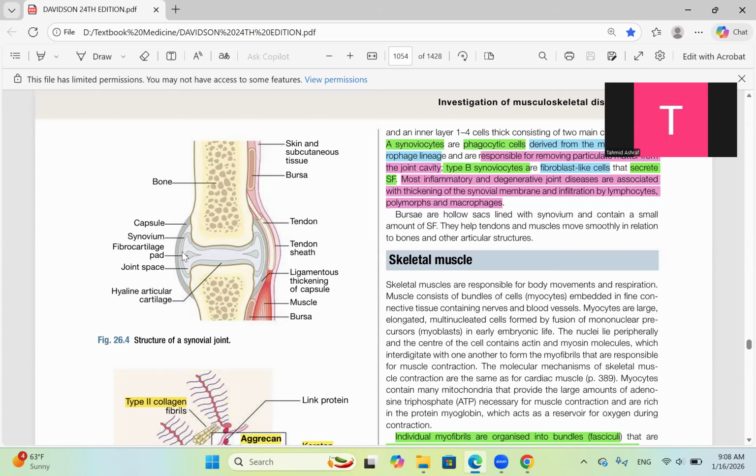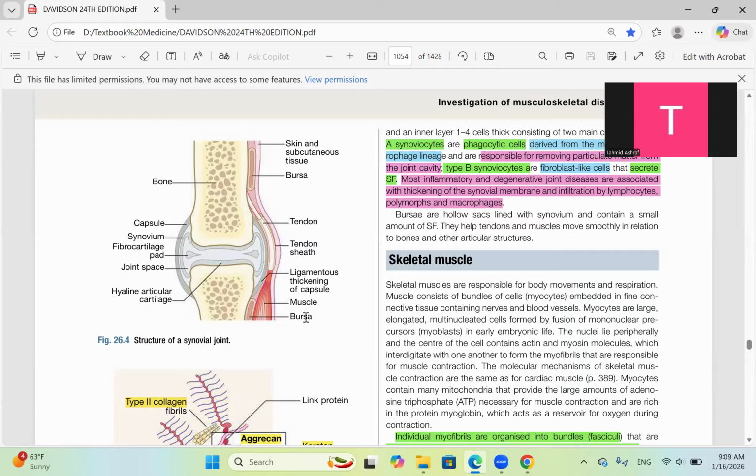And this is the synovial membrane. These are articular cartilages between two long bones. This empty space is called the joint space, and here synovial fluid is there in the joint space.